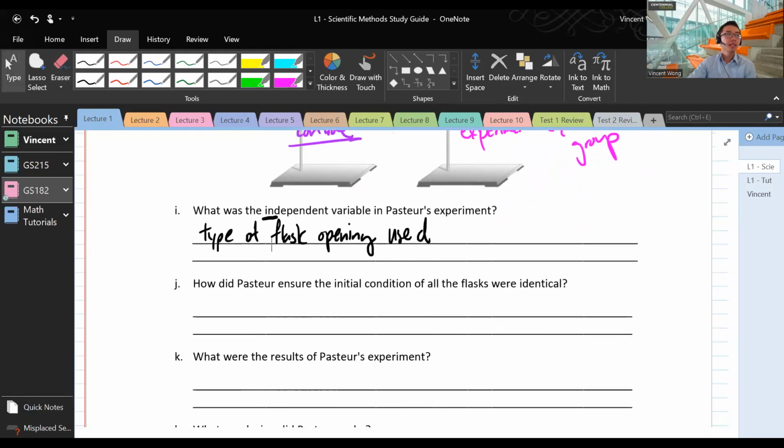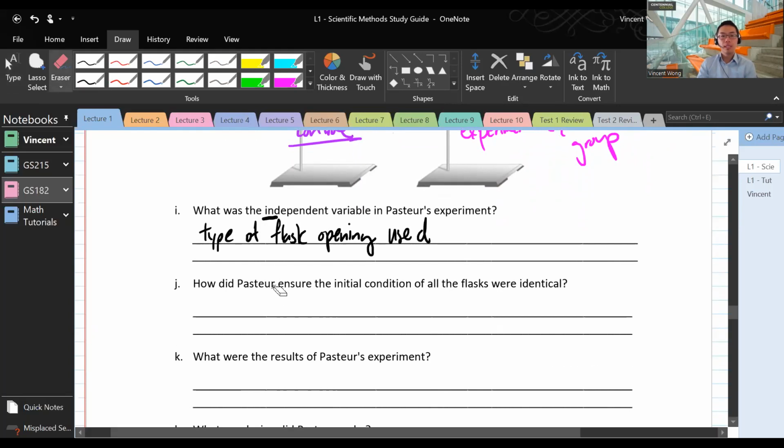Next, how did Pasteur ensure the starting condition of all the flasks were identical?